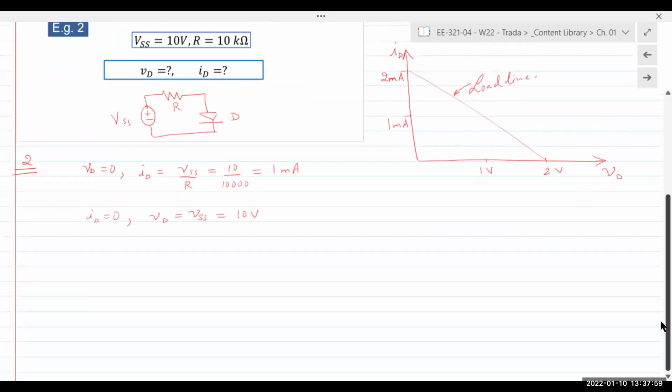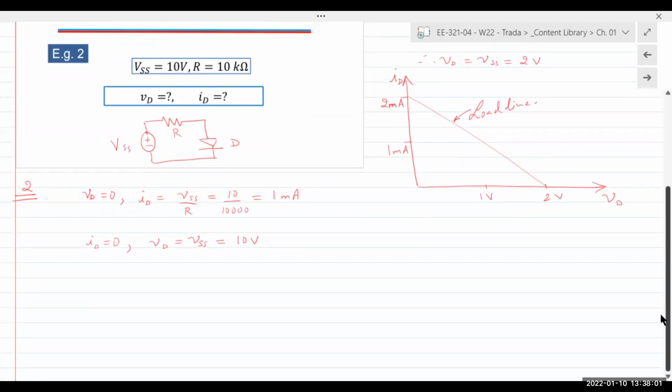Okay. So 10 volts and 1 milliamp. Obviously, if you start at 1 milliamp, 10 volts is going to be way out somewhere here, right? Almost a horizontal line, very, very low slope.